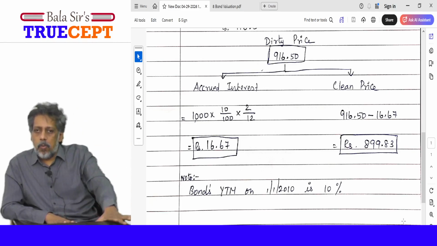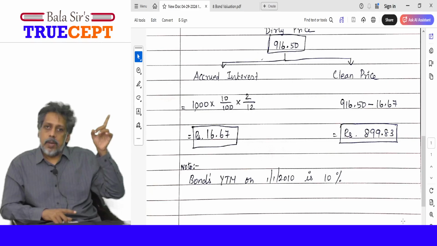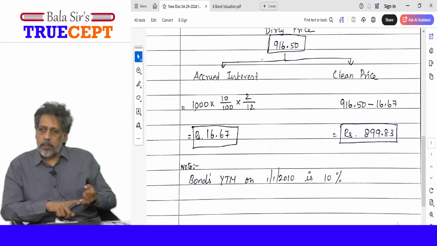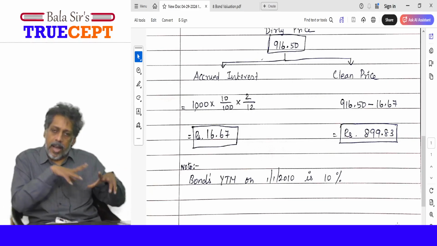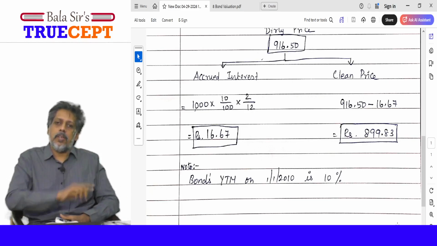Now we just have one more point to discuss. The first question: what was the YTM when the bonds were issued? Because our bonds were issued at par, that means if you discount all the bond cash flows at 10% or 5% for 6 months, you'll get the bond's face value.